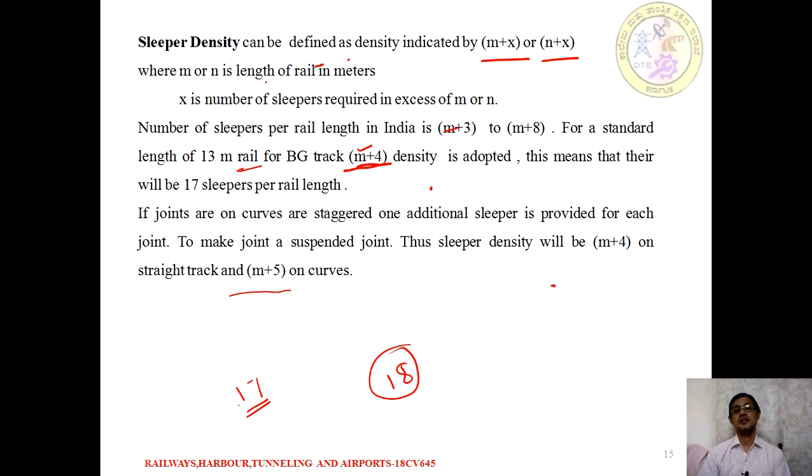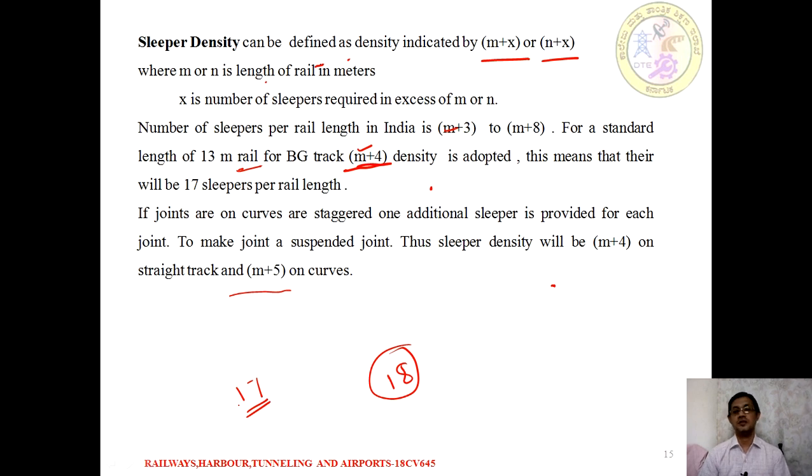These sleeper densities are used in calculating the materials required for the construction of a permanent way. So try to remember this formula m plus x or n plus x, and also the length of the rail used for construction, that is 13 meters for the broad gauge.